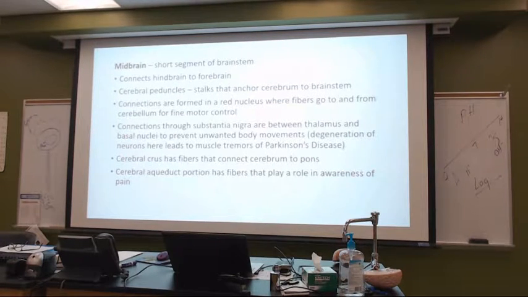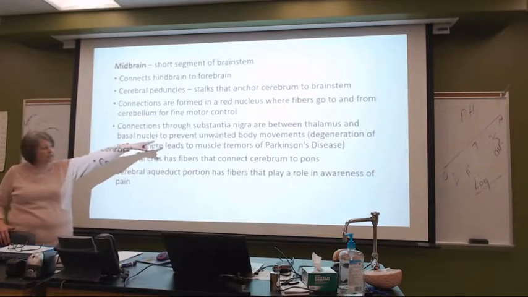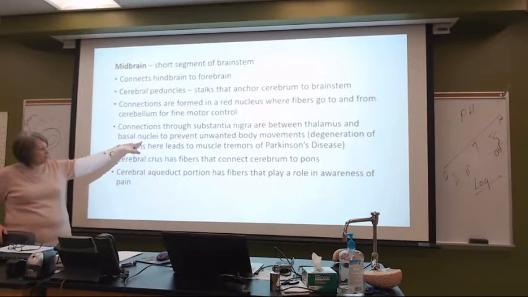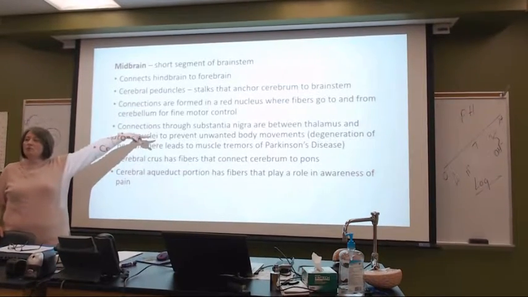We're going to see connections get formed so that fibers can go to and from my cerebellum for fine motor control. Once again, skeletal muscles. Okay? We're going to see that there will be connections through substantia nigra. This is going to be through the thalamus and basal nuclei, and they help prevent unwanted body movements.